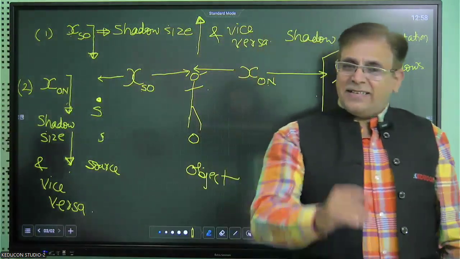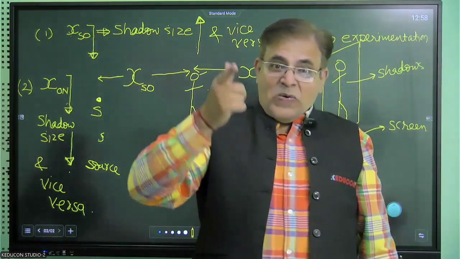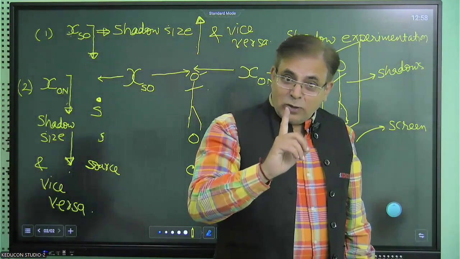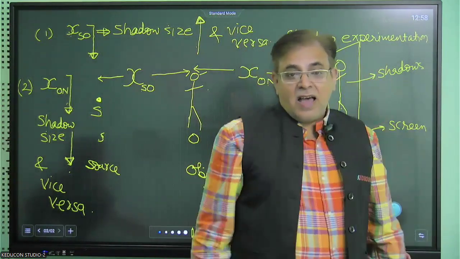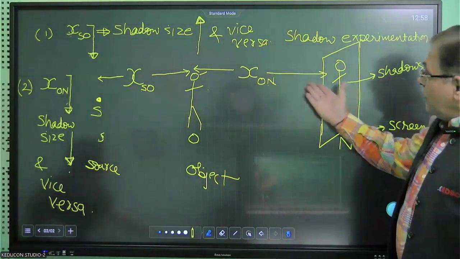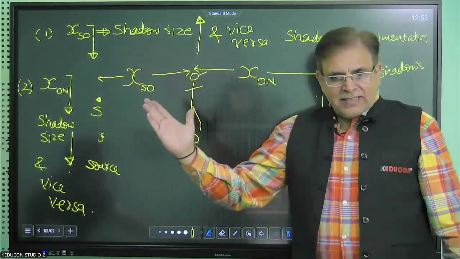Okay, satisfied? Not only have we discussed shadow, at the same time we have discussed the real cause behind shadow formation, which is rectilinear propagation, and the variation in the shadow size because of variations in these two distances.